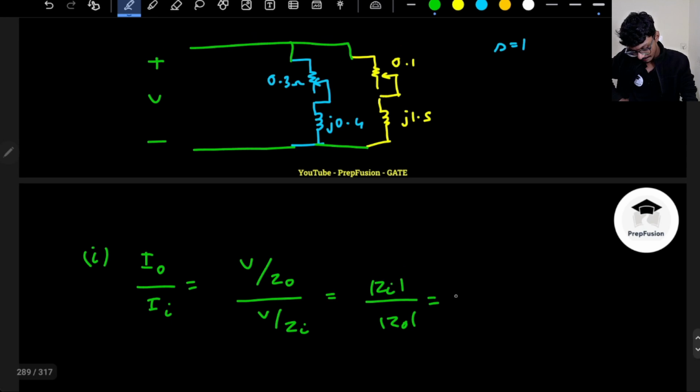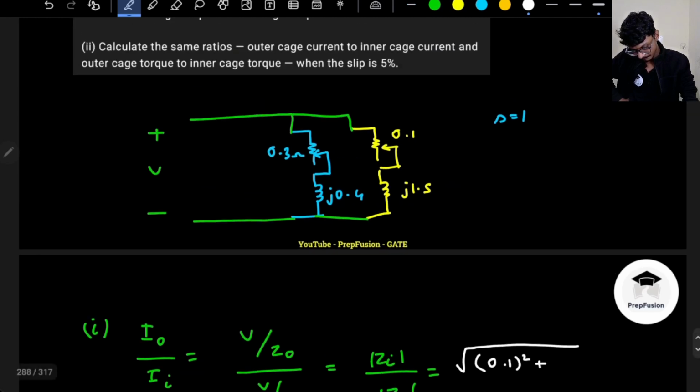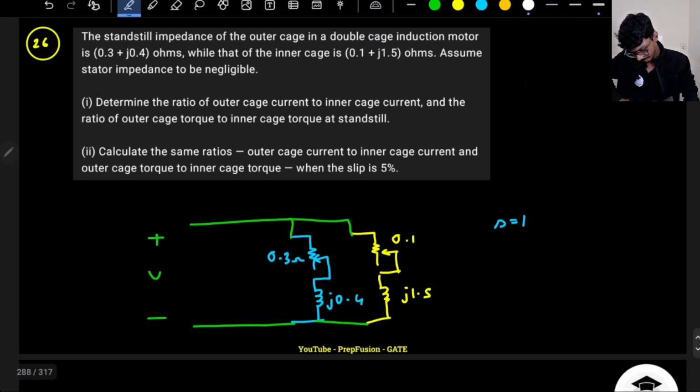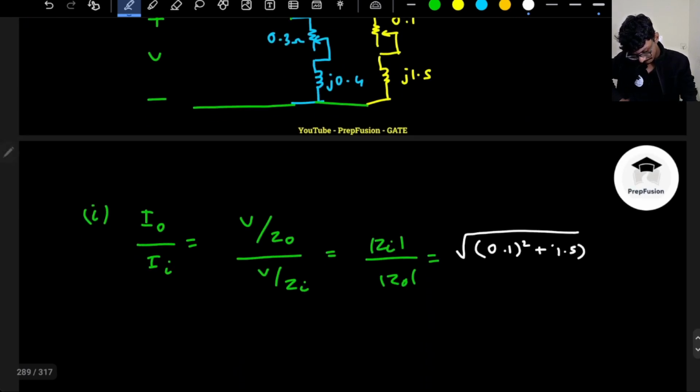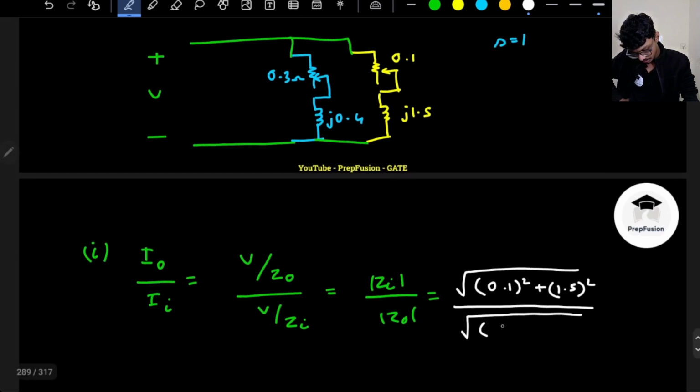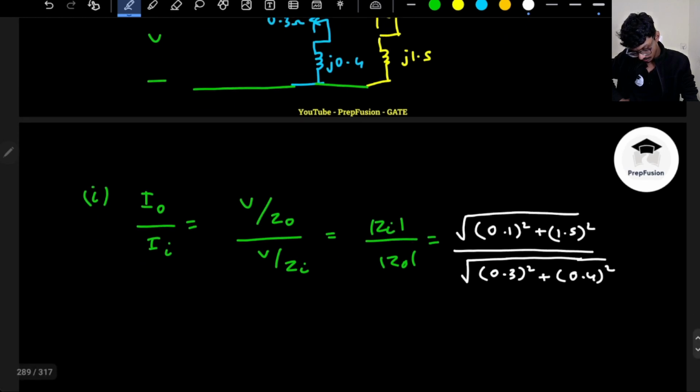It will be the square root of 0.1 whole square plus 1.5 whole square. Zo is the square root of 0.3 whole square plus 0.4 whole square.